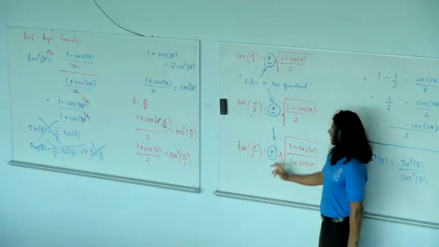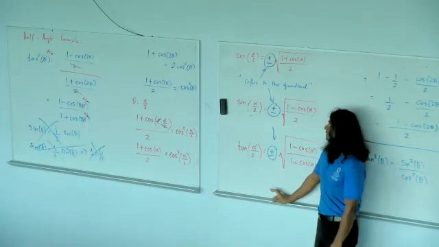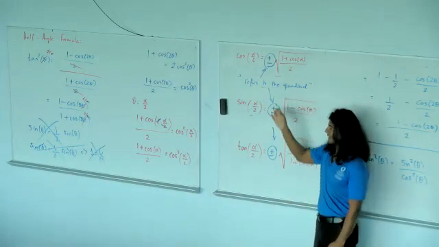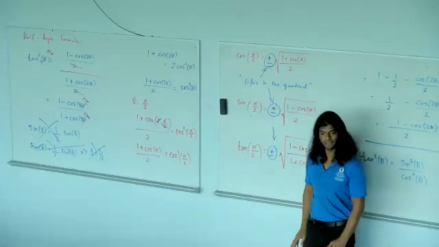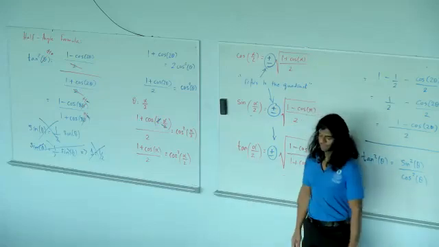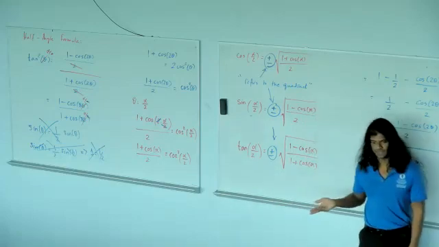Common mistake: getting rid of that plus or minus. So you look at that plus or minus, you look at that plus or minus, and you say, oh, let me get rid of it and simply put square root of 1 minus cosine alpha over 1 plus cosine alpha.